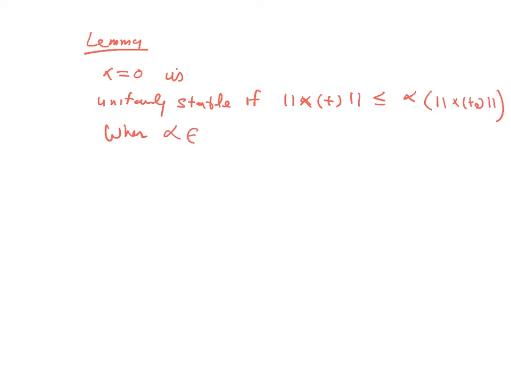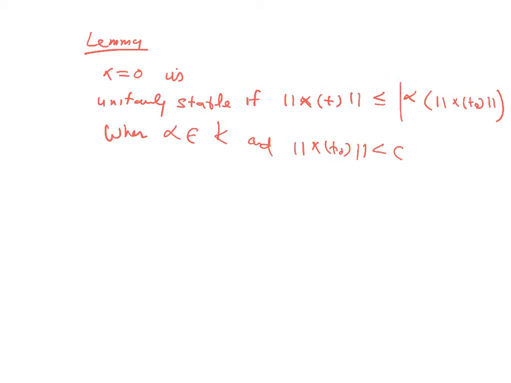So if x of t, see, it doesn't matter what your initial condition is, right? What is t0? It only depends on the size of x of t0, where alpha belongs to class K and norm of x of t0 is less than or equal to some C. Okay?